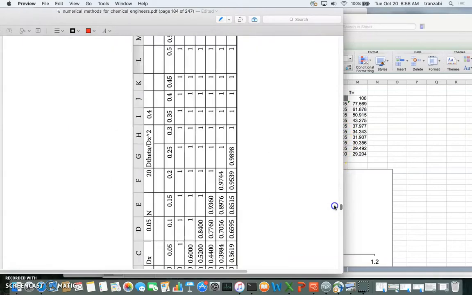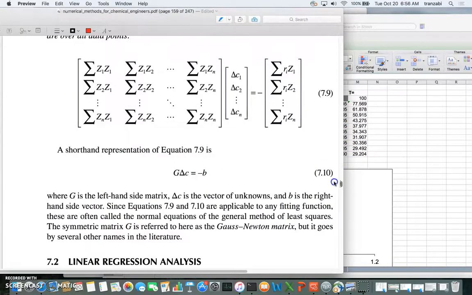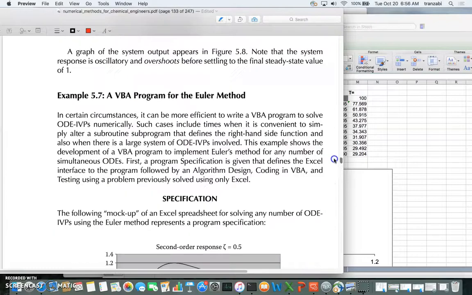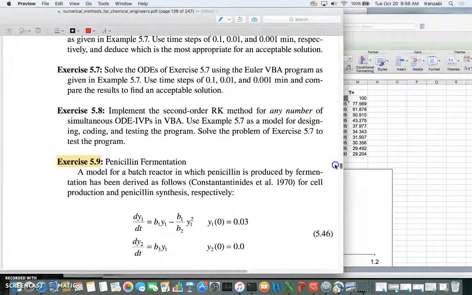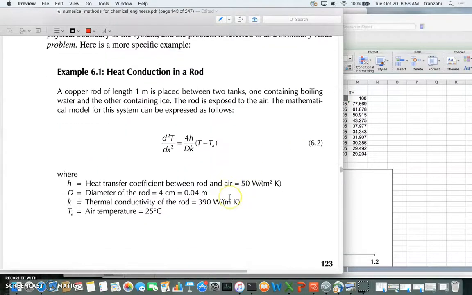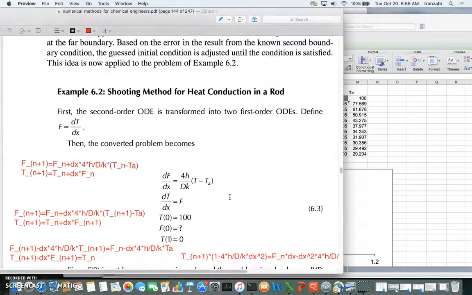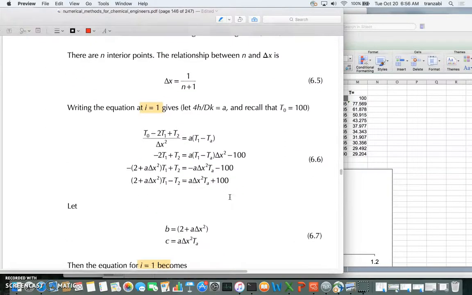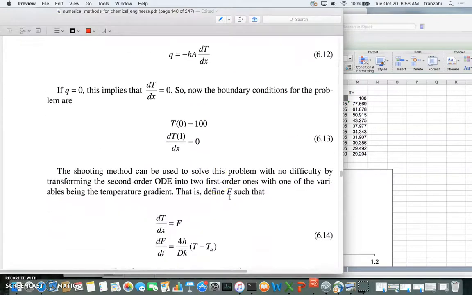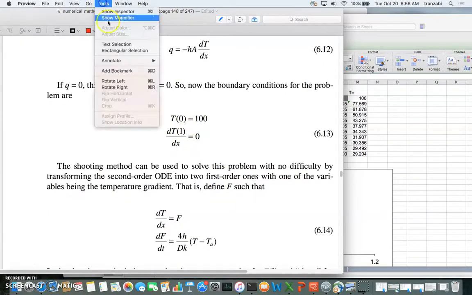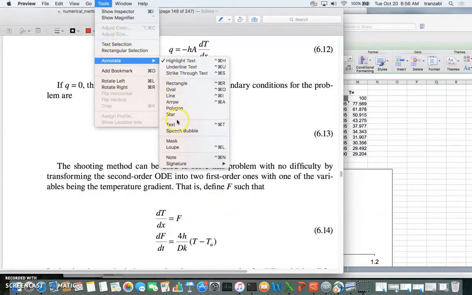So we're going to go back to page 126 or so, on chapter 6. So here it is, and this time we're going to have different boundary conditions. Okay, so let me write it here.